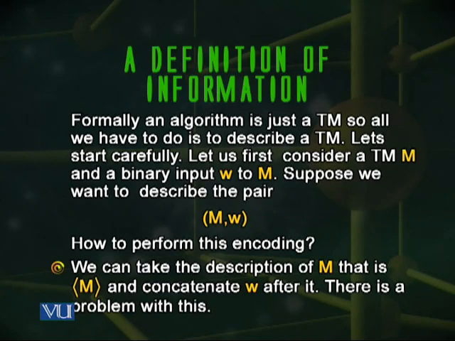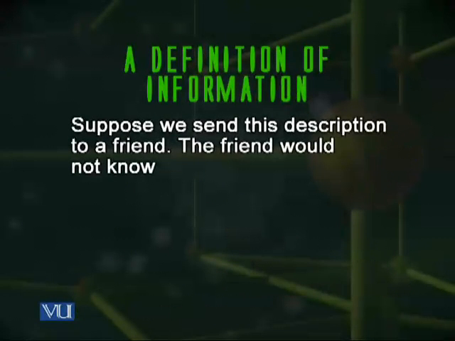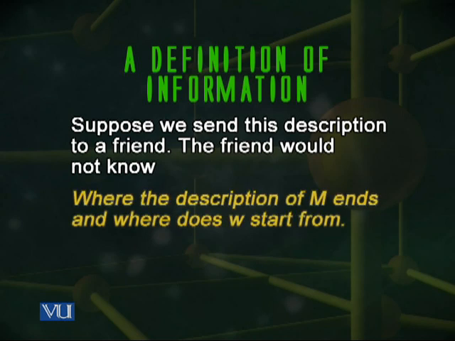There is something slightly wrong with this way of describing pairs. Suppose you send such a description to a friend. So your friend knows that what you have sent them contains the description of the Turing machine M followed by the string W. However, they will not be able to tell where the description of M ends and W begins.